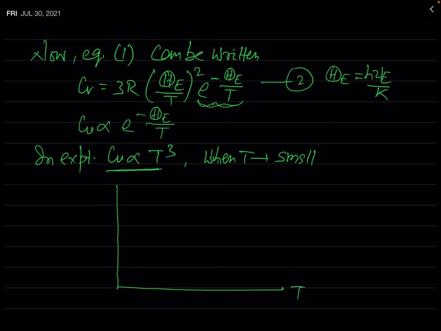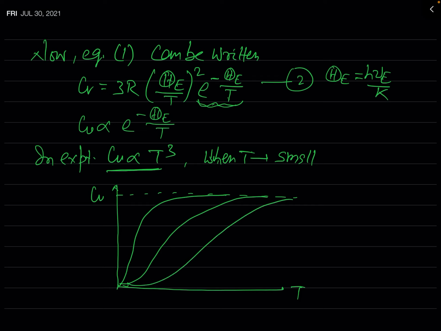If we write here temperature T and on this axis the value of Cv, then it is found like this. You can see it. This is for carbon, or you can say diamond.